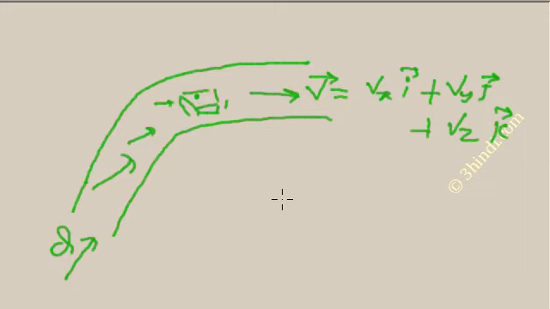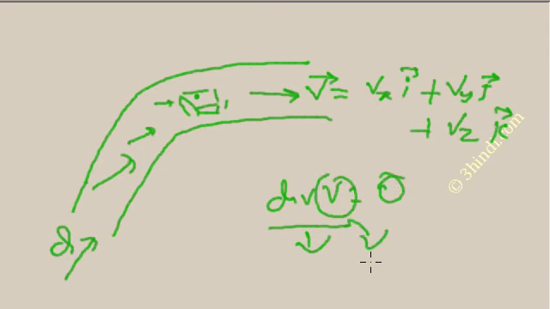So divergence of V will be 0 for all the points. It is called a solenoidal vector function. If divergence of V is 0, then V is called a solenoidal vector function.